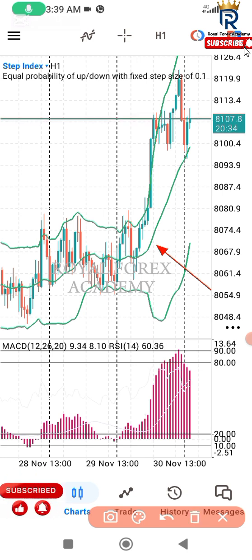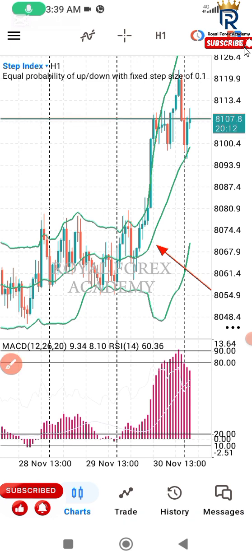So that's condition number three. First condition, MACD histogram above the zero level. Second condition, price above the middle Bollinger Band. Third condition, MACD histogram line should not be up to 80 or above 80.